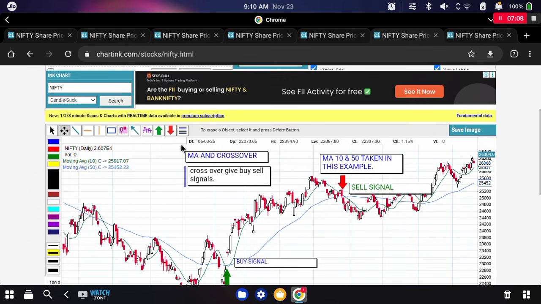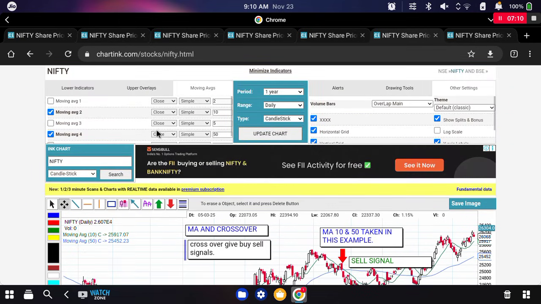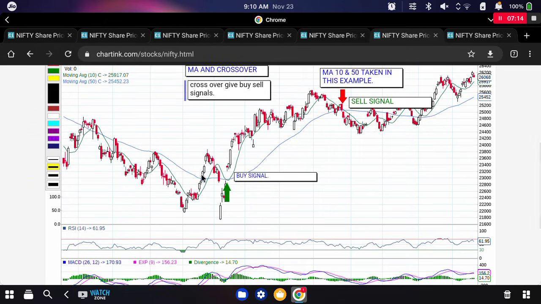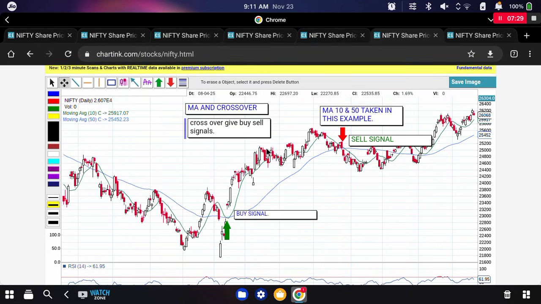Now when we take two moving averages, that is of 10 and 50, then there is naturally going to be a crossover. At the lower crossover you buy, and at the higher crossover you sell. This is so simple. It is all computerized. So moving average gives buy and sell signals, as we have seen here.